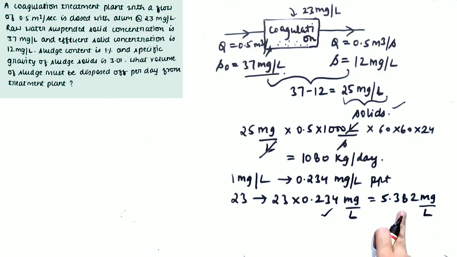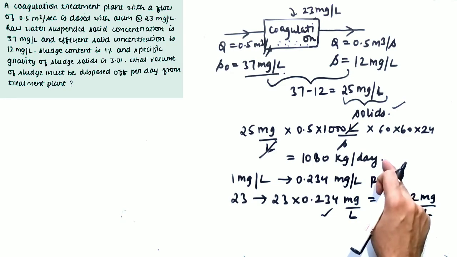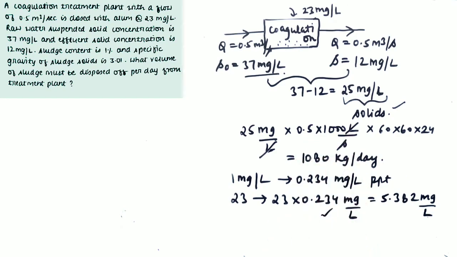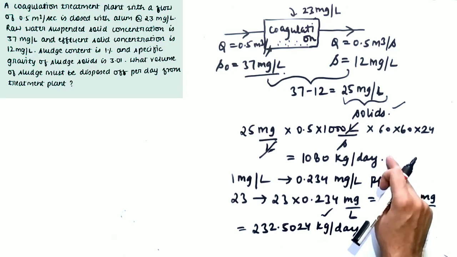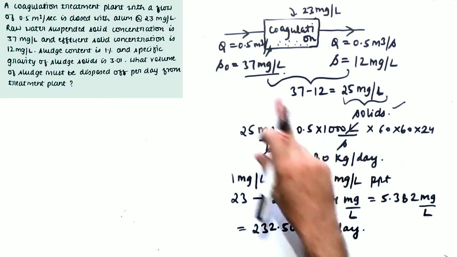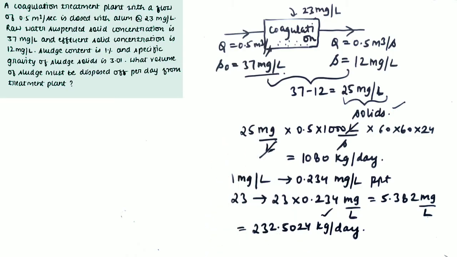Now you can again convert this milligram per liter into kilogram per day by multiplying it with the discharge value. So this will turn out to be 232.5024 kilogram per day. This is because of the precipitate generated, and the earlier value is because of the suspended solids that are settled in the tank because of the coagulation.